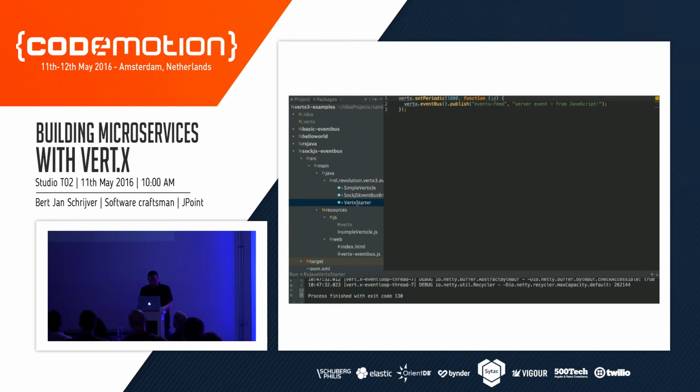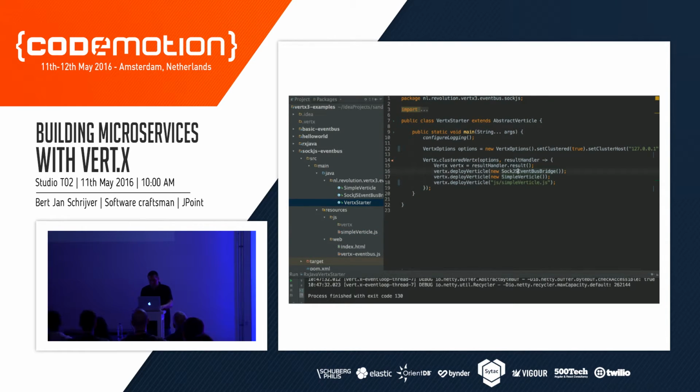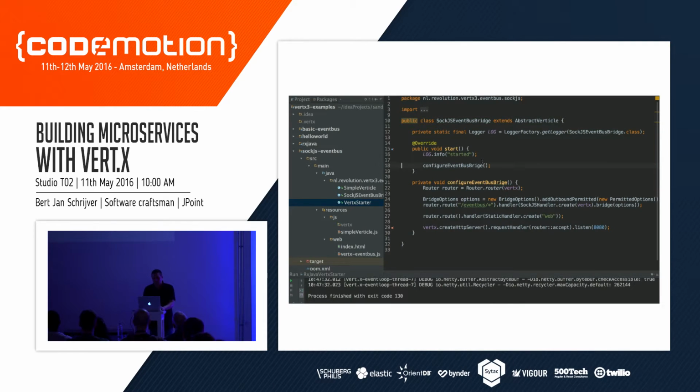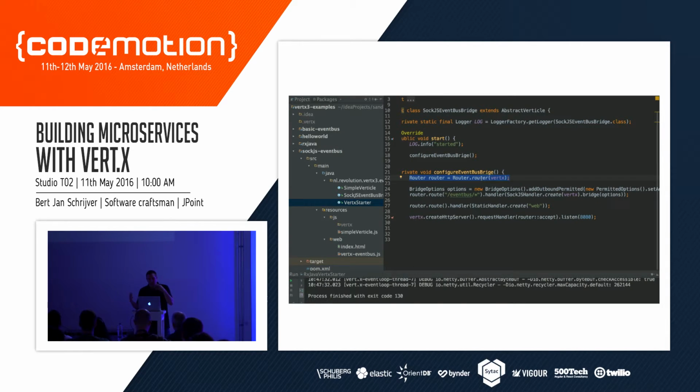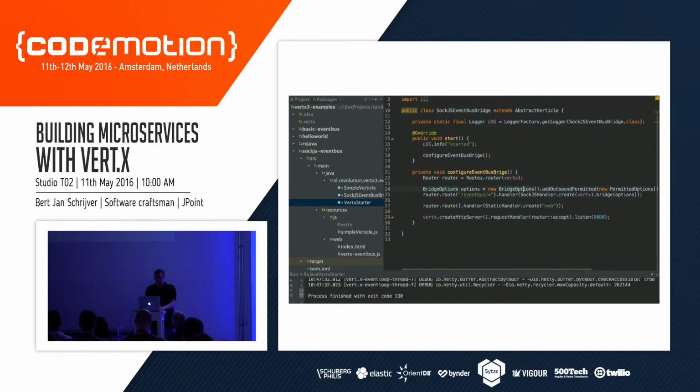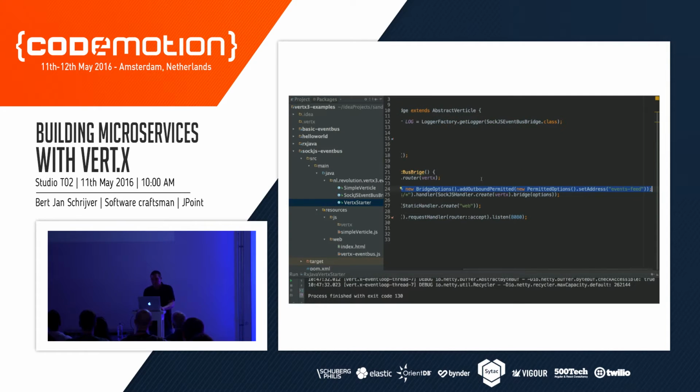And then we got the sock.js event bus bridge, which is a vertical which when started will configure the event bus. It will start up a Vert.x router, which is the API routing mechanism in Vert.x. It will configure options for the event bus bridge. By default, the browser is not able to access the event bus because that could be a security risk if you expose your database over the event bus.